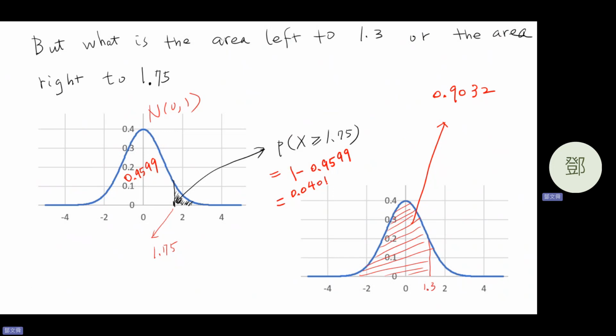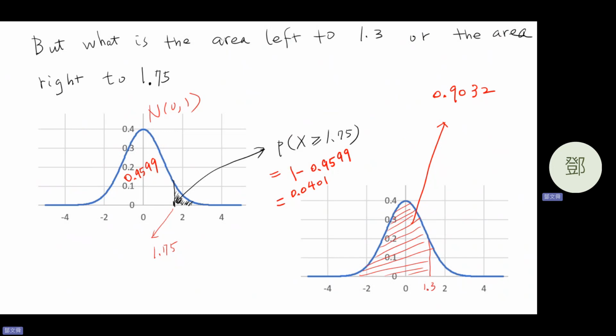Okay? You see this? Got it? This area is available from the table, and this area is also from the table.